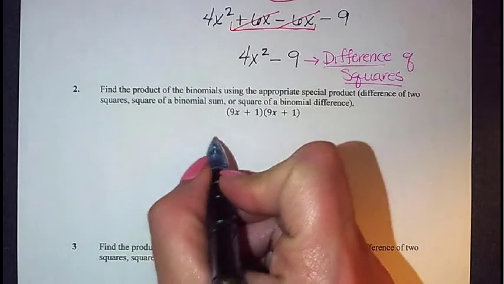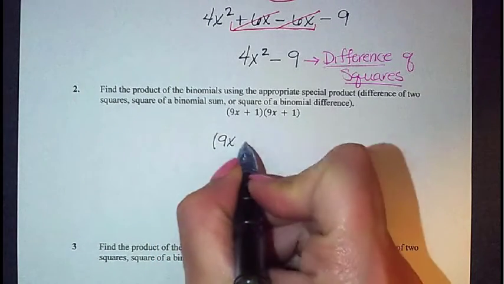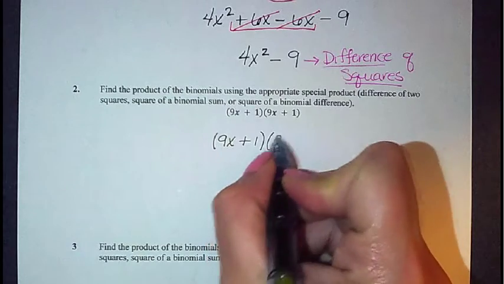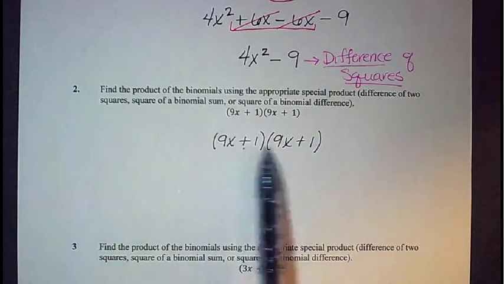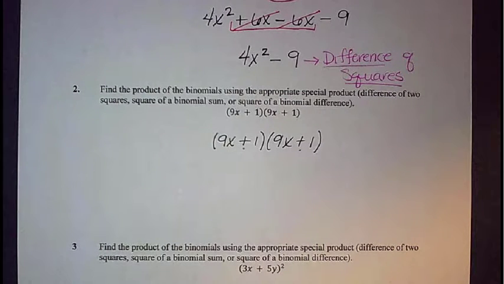Alright, so for our next one, we have 9x plus 1 times 9x plus 1. When you look at this, notice that they are exactly the same parentheses, same number, same sign, same everything. So these are going to be a little different than that difference of squares where one was negative and one was positive. We're not going to see that canceling like we did that time. But we're going to go ahead and again use our FOIL.